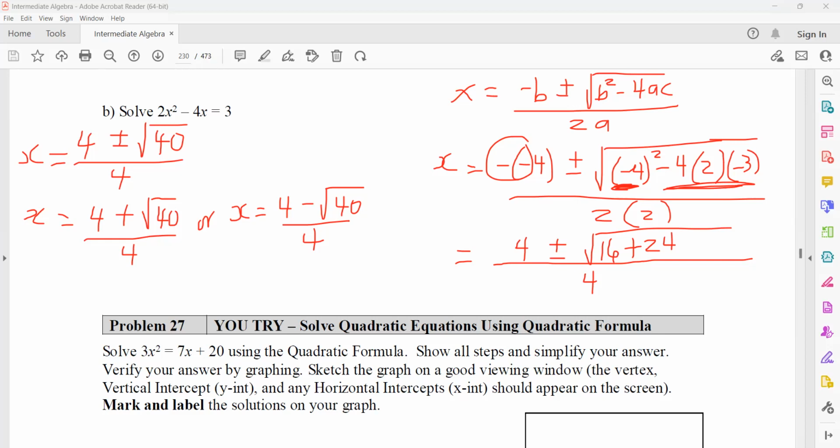The square root of 40 is 6.3246, plus 4, divided by 4. So this should give me 2 point, I'm going to do 3 decimal places, 581. And then for the next one, x equals, so I'm going to go back and do 4 minus square root of 40.